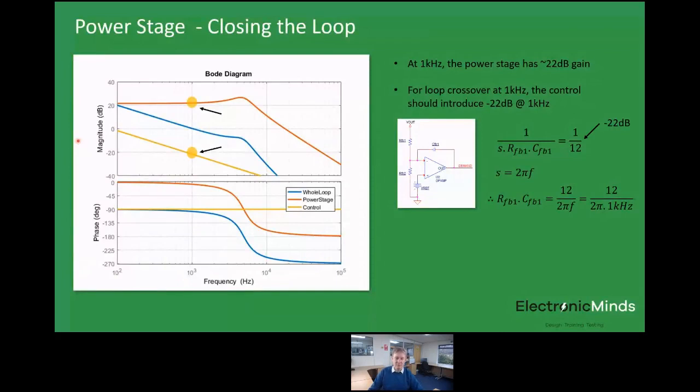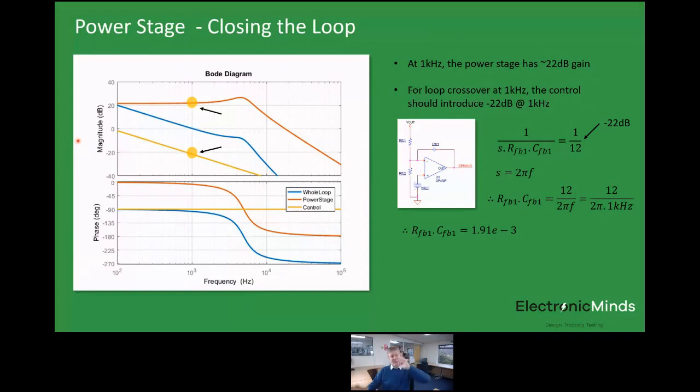So here we can replace S with 2 pi f, where f is our target crossover frequency. Therefore, if we manipulate that equation, we get a product RFB1 times CFB1 equal to 12 over 2 pi f. It's equal to this expression you can see here. That gives us a value of RFB1 and CFB1 multiplied together of 1.91 times 10 to the minus 3.